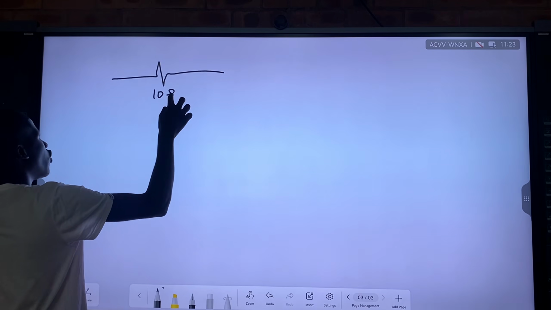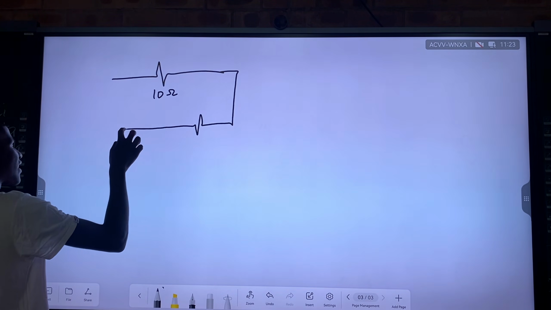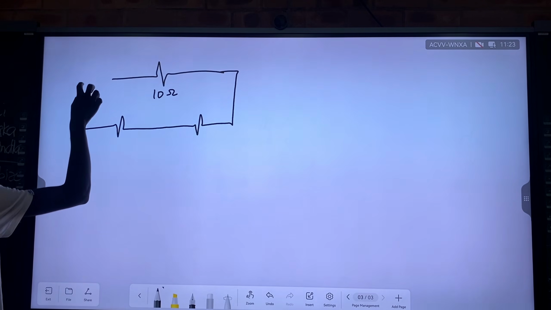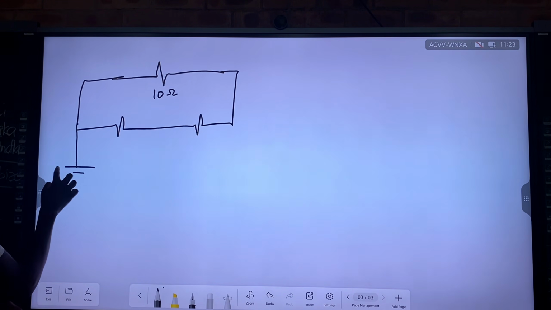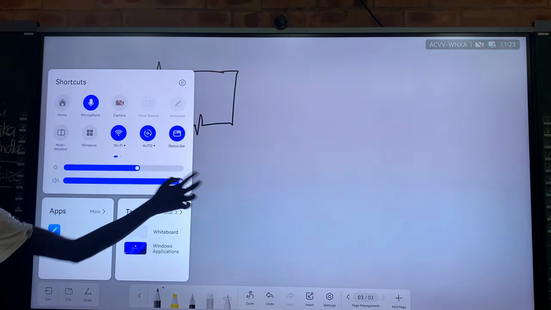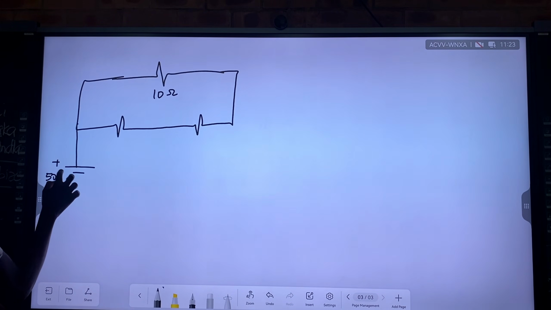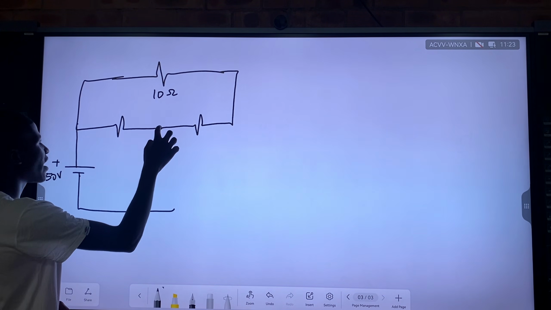We have got 10 ohms, and then we've got a resistor, lana, and then we've got a power source plus lana, and then 50 volts. 50 volts. Lana, you are having nodes.